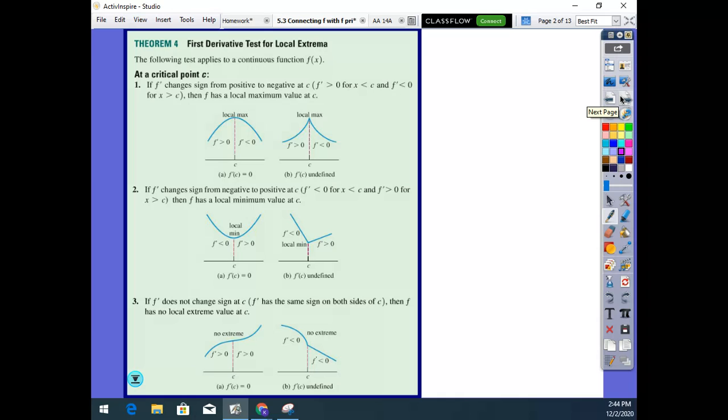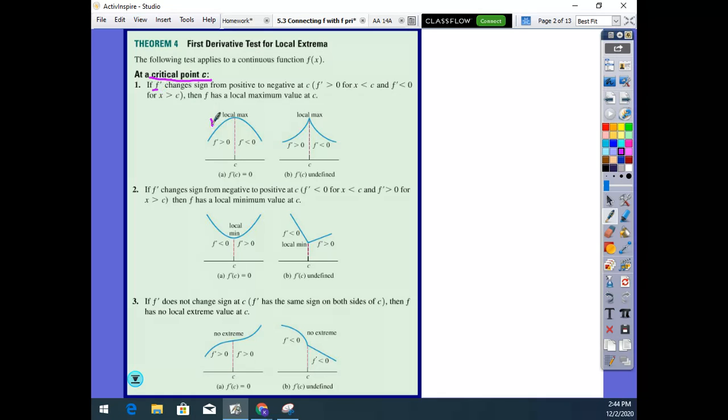All right, so first of all, if we have a critical point C, so if the F prime changes, and I just wrote this out and did a little sketch on the side, you have a lot of room.